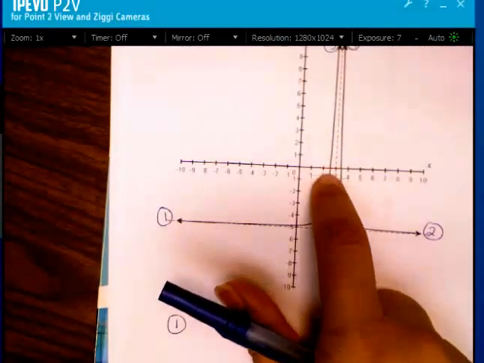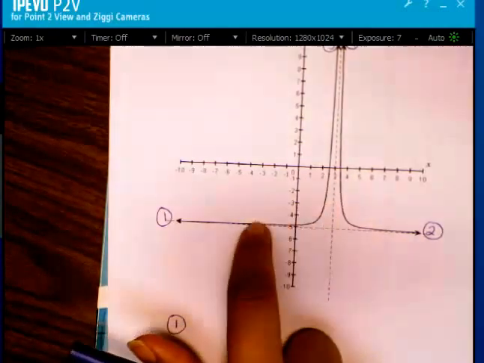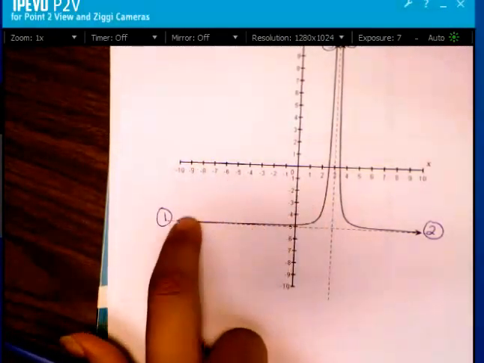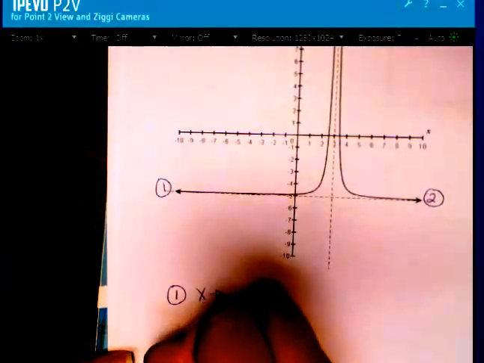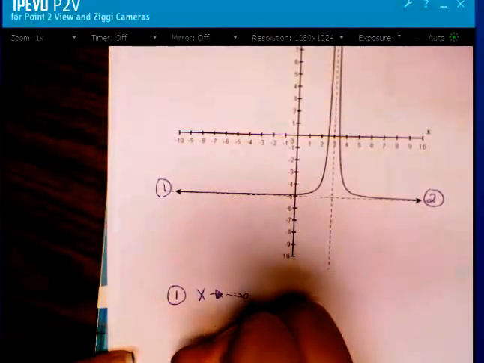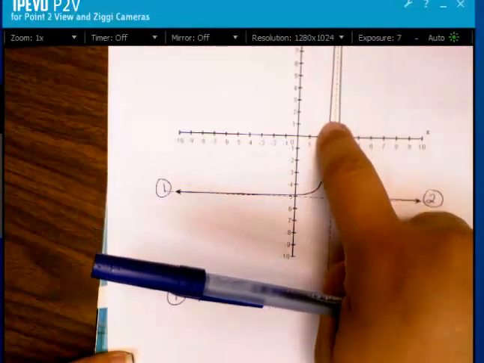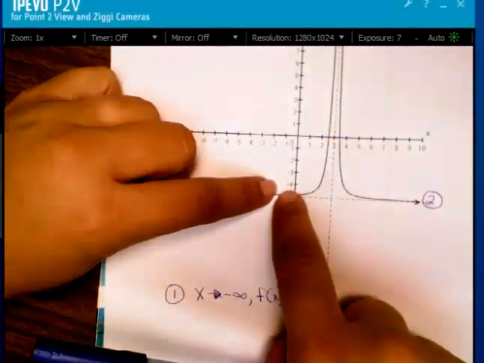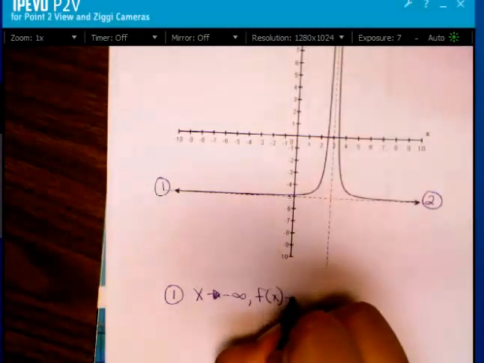All right. As we follow the function, I'm going to trace my finger, and you can see that the x values are going to get smaller and smaller as I trace this function. So then we say x goes to negative infinity. The output, as I follow this, you can see that the outputs become smaller and smaller, and then it approaches this negative 5.